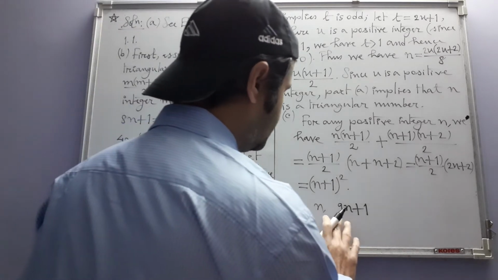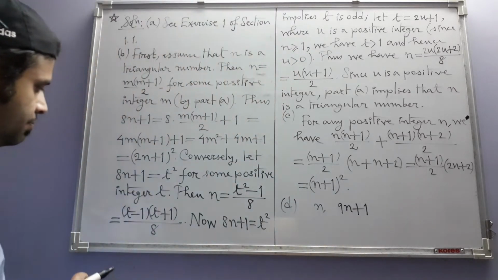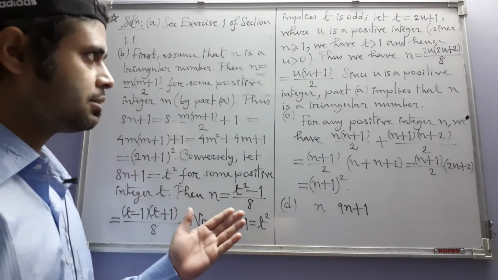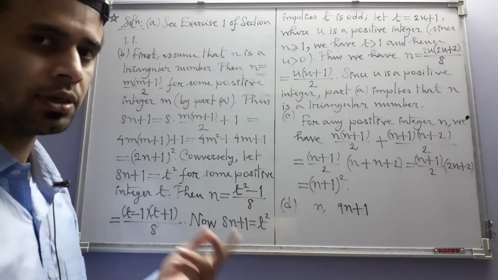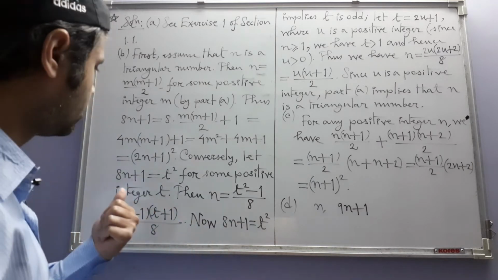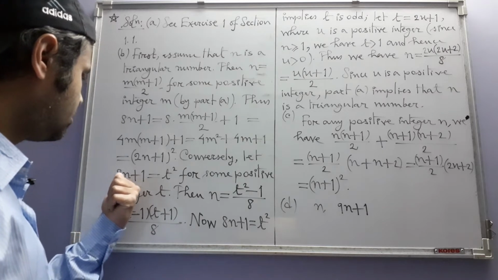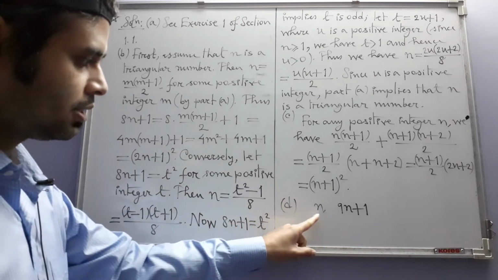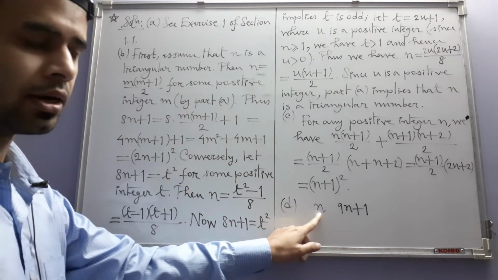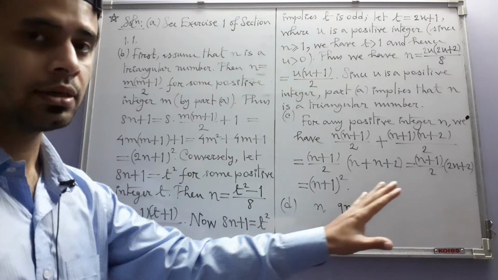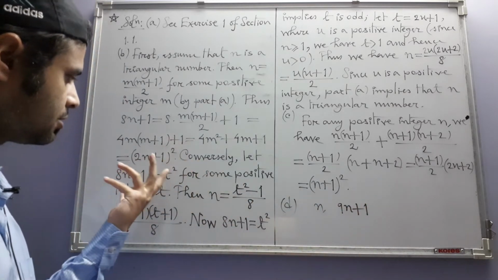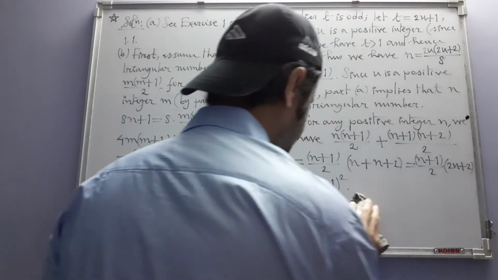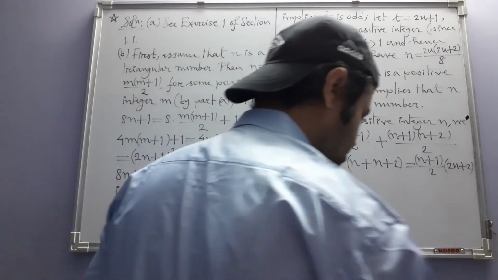Instead, a very clever way is to use part B, because you see part B gives us a necessary and sufficient condition for a positive integer to be a triangular number, namely that 8 times the integer plus 1 should be a perfect square. So from the given condition that n is triangular, we can easily show that the other numbers are also triangular using this condition. So we proceed like this.